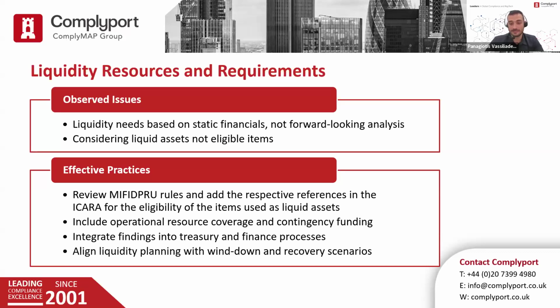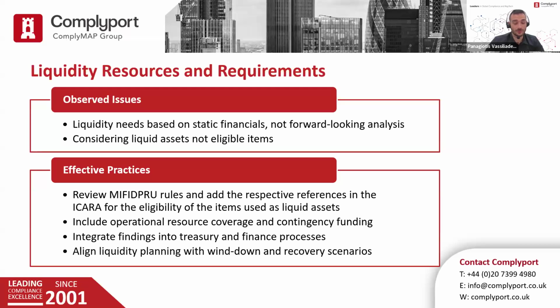How are you calculating your liquidity needs? Not only based on the basic rules of the one-third of the fixed overheads requirement, but the overall liquidity needs to ensure ongoing activities. What assumptions are you using, and are those assumptions consistent with your stress testing and wind down planning?